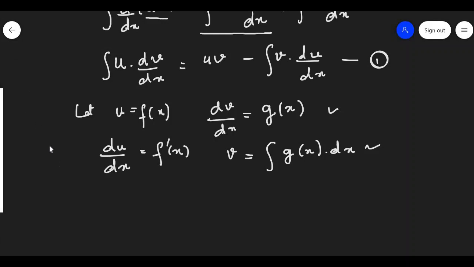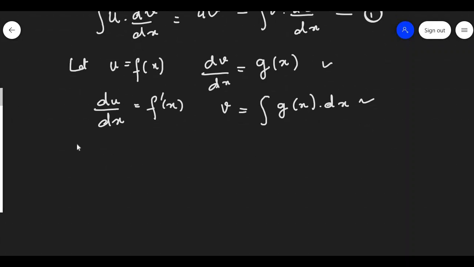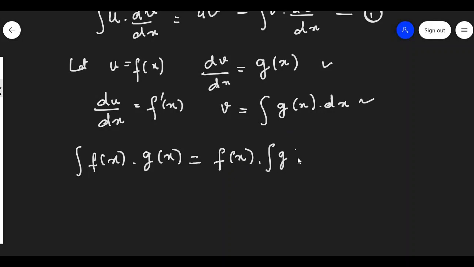So, you get integration of f of x and dv by dx is g of x. So, integration of f of x into g of x will be given as uv, that is u is f of x and v is integration of g of x, minus integration of v, that is integration of g of x dx into du by dx.